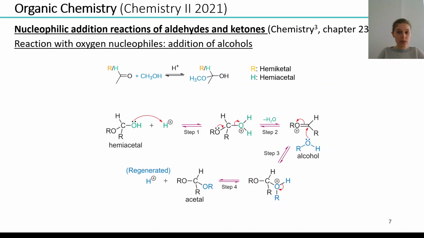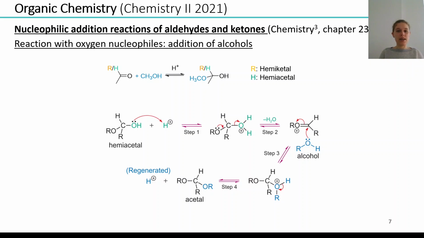And to ensure the equilibrium lies on the side of the acetal, an excess of alcohol is usually added and also a dehydrating agent. This dehydrating agent removes water from the reaction mixture, and hereby the equilibrium is shifted to the acetal side.